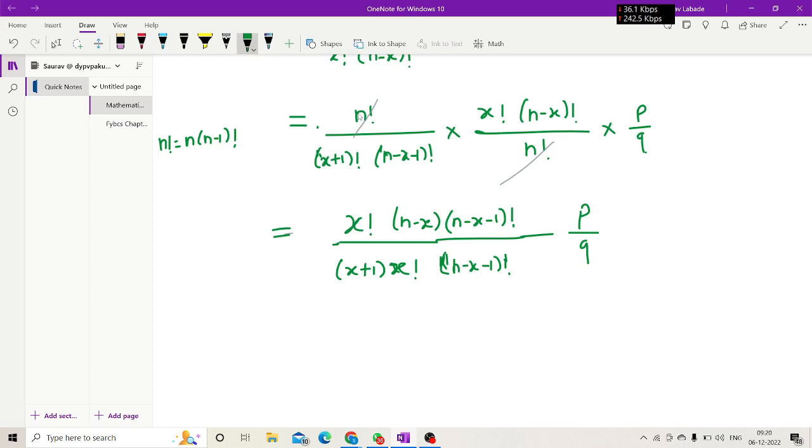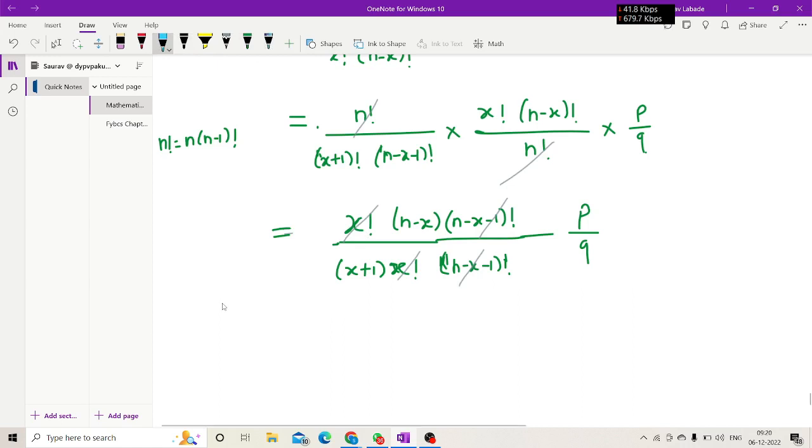Which terms will get cancelled then? x factorial and (n minus x minus 1) factorial will also get cancelled.